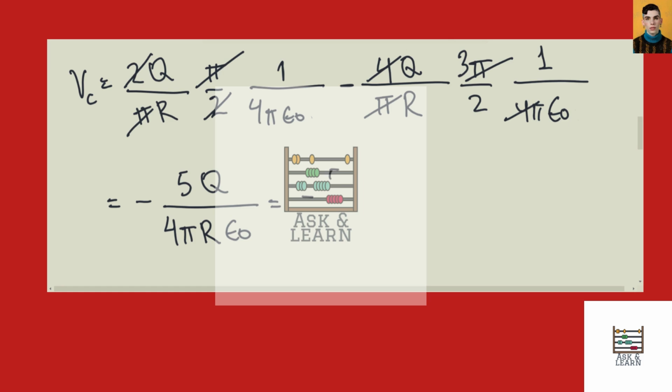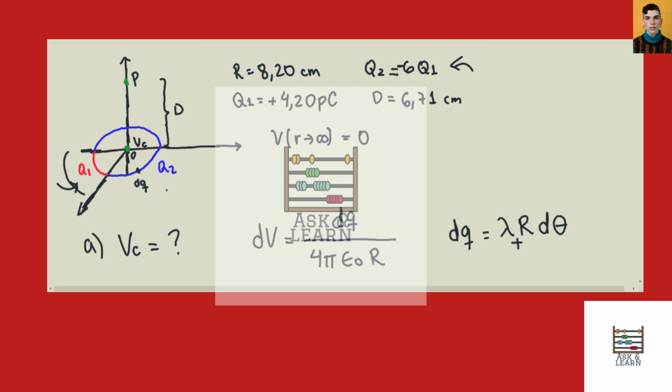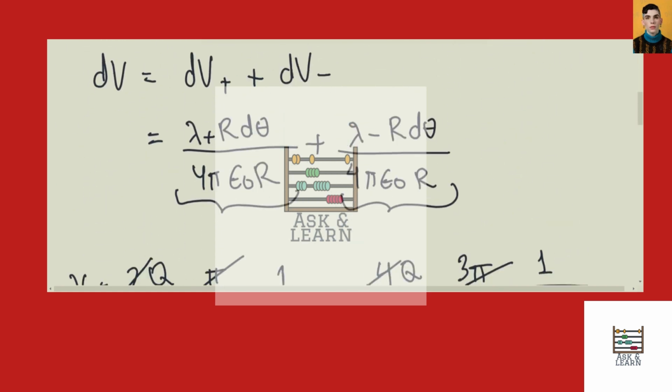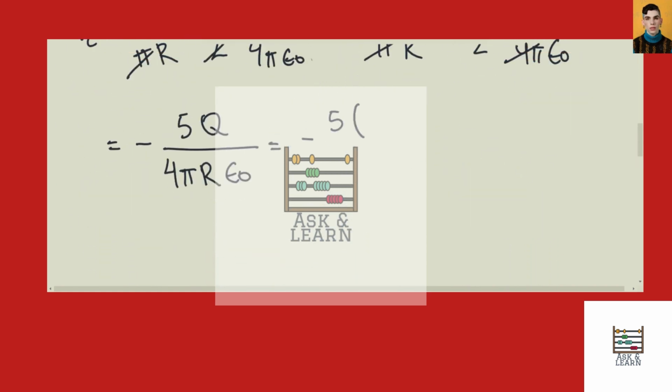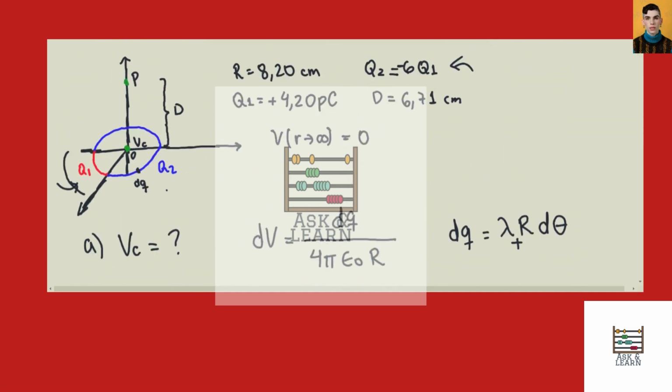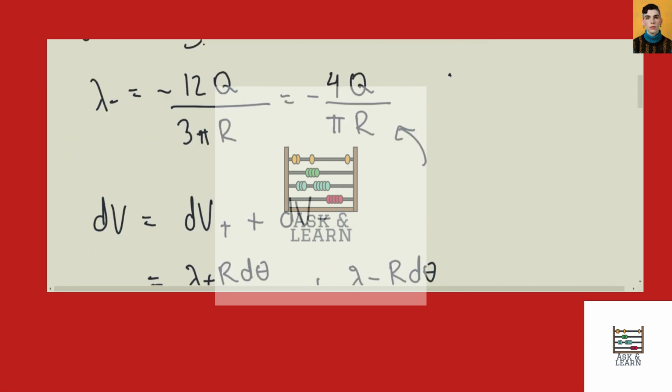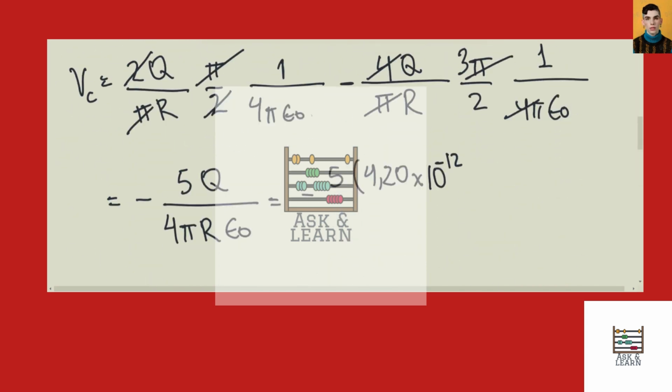We can simply substitute all of these values. Q, as I said in the beginning, is just Q1, which is 4.20 times 10 to the minus 12, because a picocoulomb is 10 to the minus 12 coulomb.